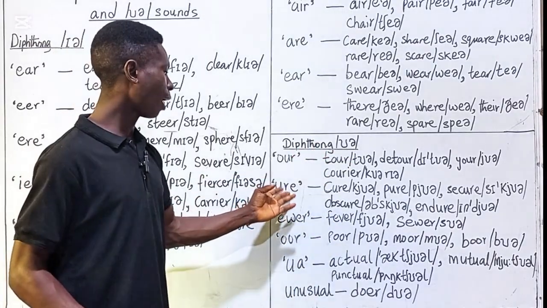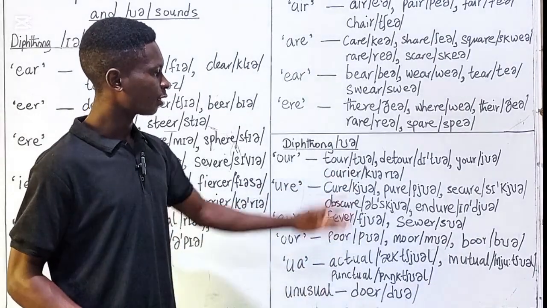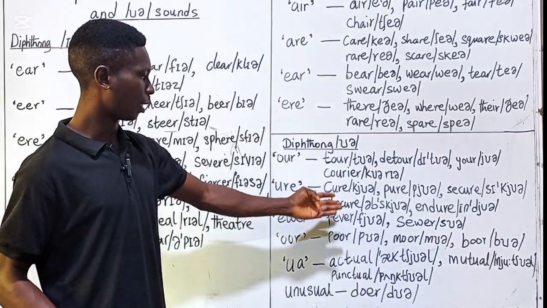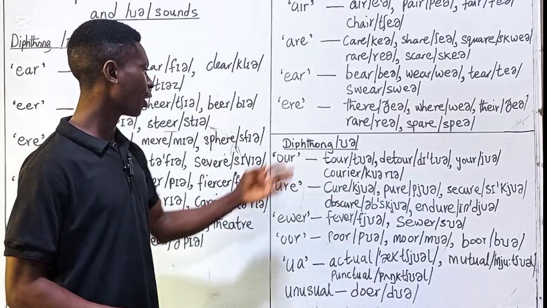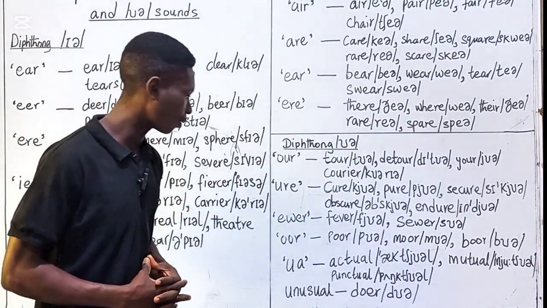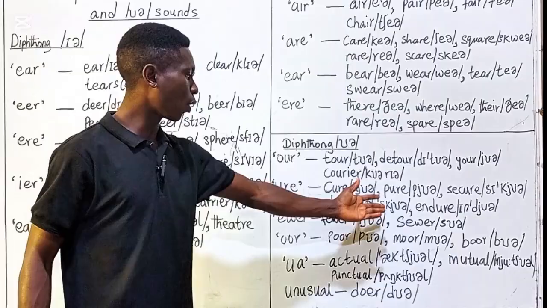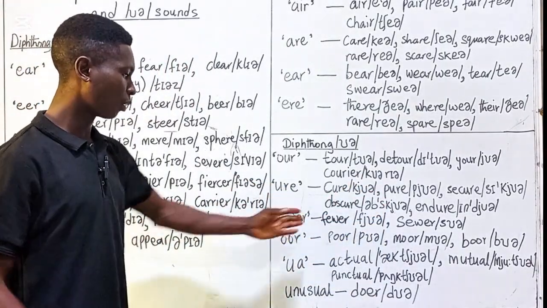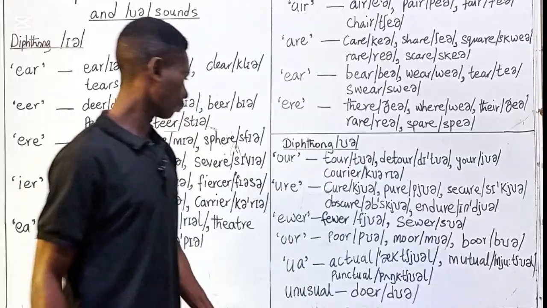We have URE as in cure, secure, obscure, and endure. We also have the OR sound in place of EWER as in fewer, sure, and so on. So note these two words, fewer and sure.